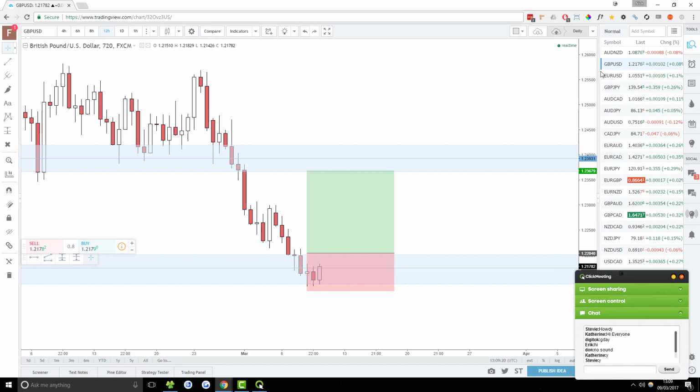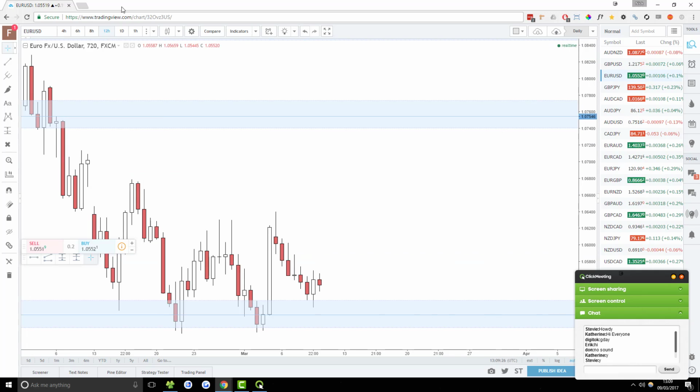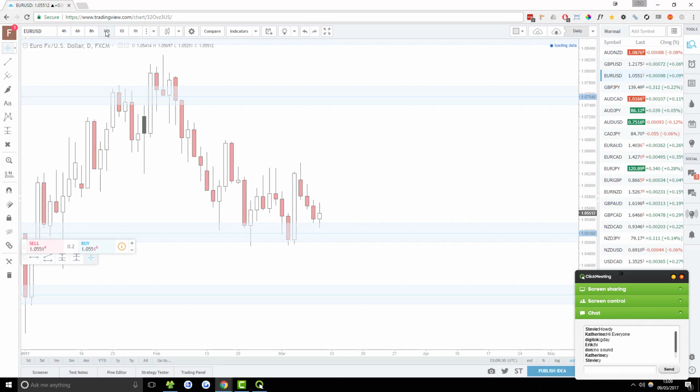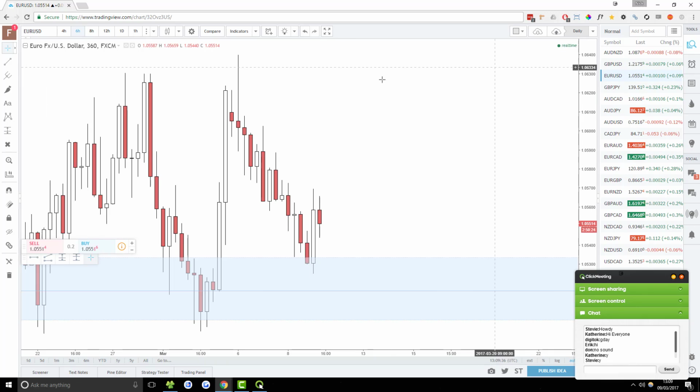So those are the two setups I have. One's triggered, one has yet to trigger. Let's see how they play out. Now let's look for more setups, because we want more setups. We're going to enter 50 trades at a time if we can. But not really. I probably won't enter more than these two trades. I've used up most of my overall risk that I'm willing to have at any one time, open trade risk.